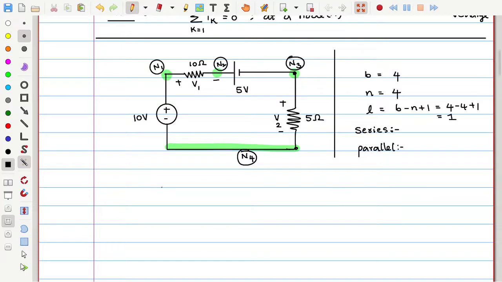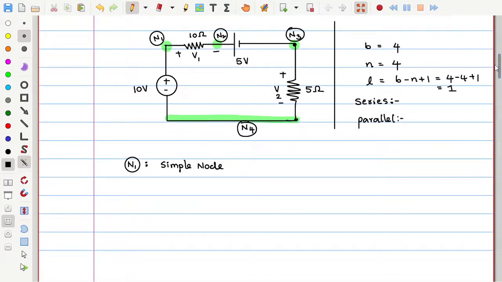I know that there are four nodes. At N1, what kind of node is this? How many branches are connected at N1? Only two branches are connected. What are they? 10 volts and 10 ohms. Here, the 10 volts source and the 10 ohms resistor.